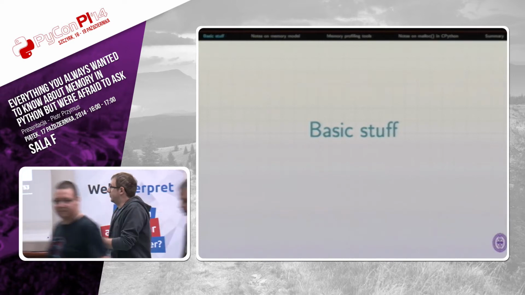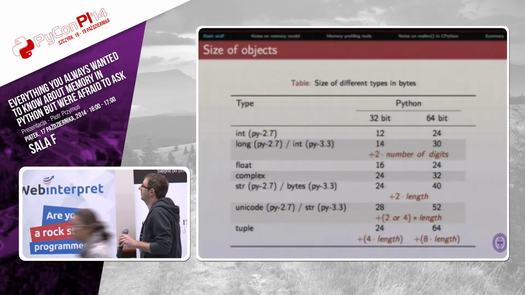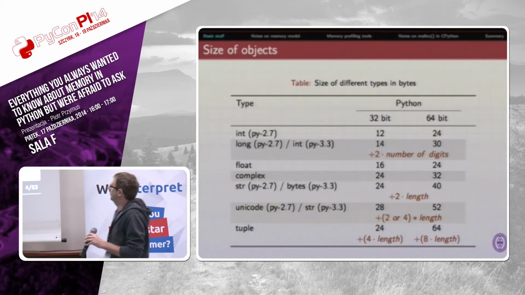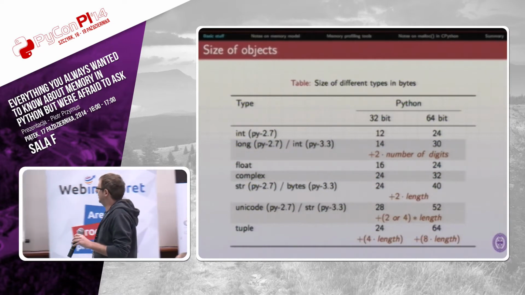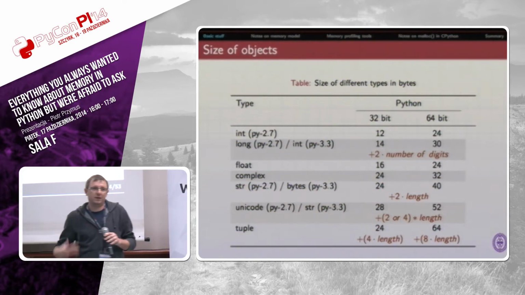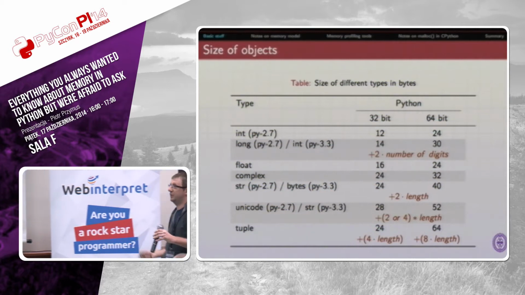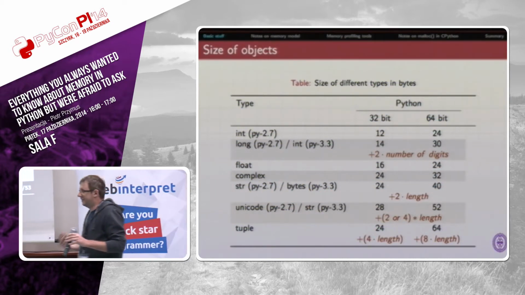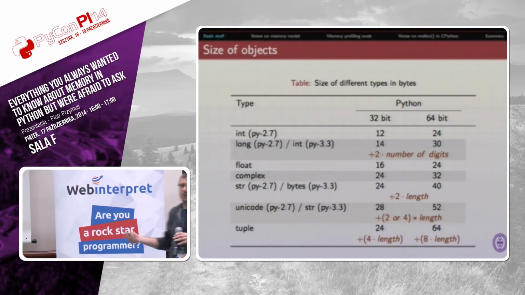Okay, so we'll start with some basic stuff. Here you have probably the most boring table from all these presentations, but it is somehow important, because before you start to profile your Python memory consumption, you have to get a rough estimate of the lower bound of the memory that you will use.